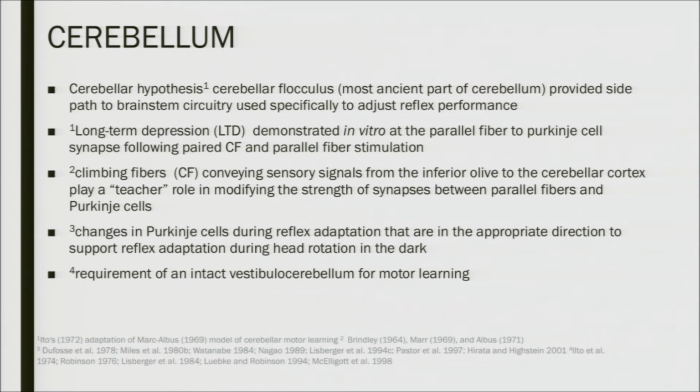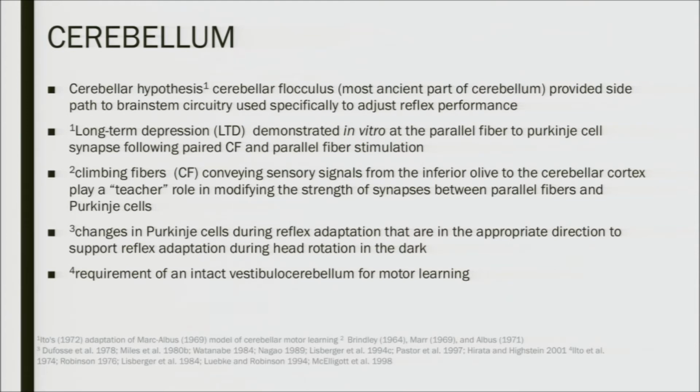Long-term depression was demonstrated in vitro. In vitro means this was not done in a subject or an animal. There were slices taken from the cerebellum. These were kept in solutions and then in vitro they were stimulated. Another term here is, what were they stimulated by? Climbing fibers coming from the inferior olive. The climbing fibers stimulated the cerebellum and caused motor learning.